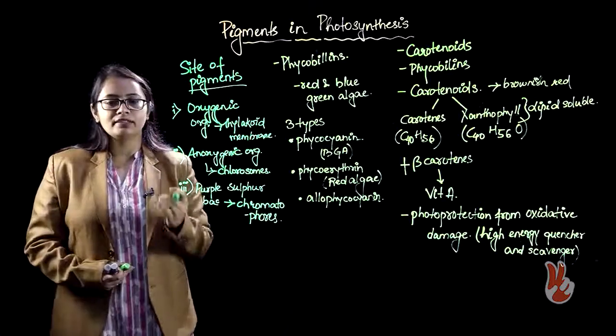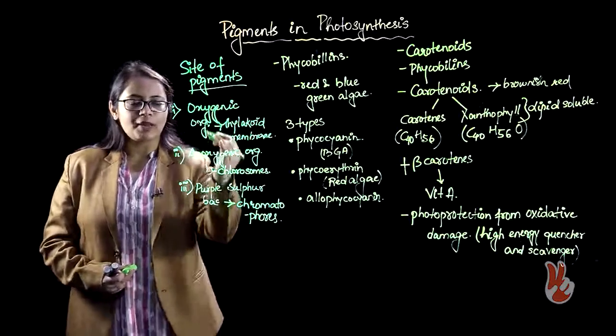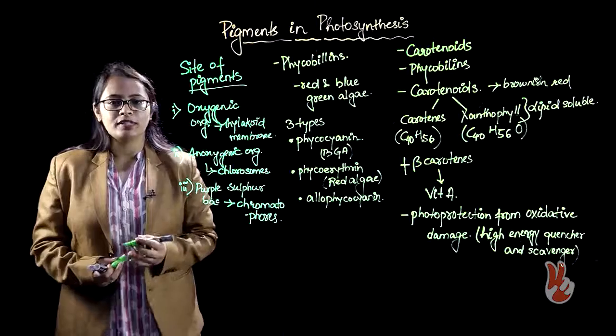So, these three are the different locations according to the type of organism which is performing the photosynthesis.